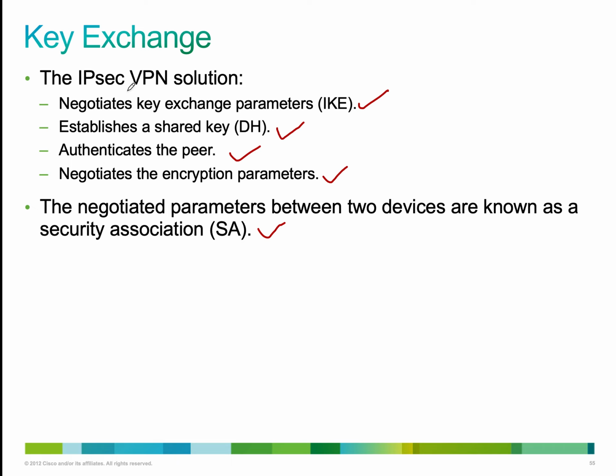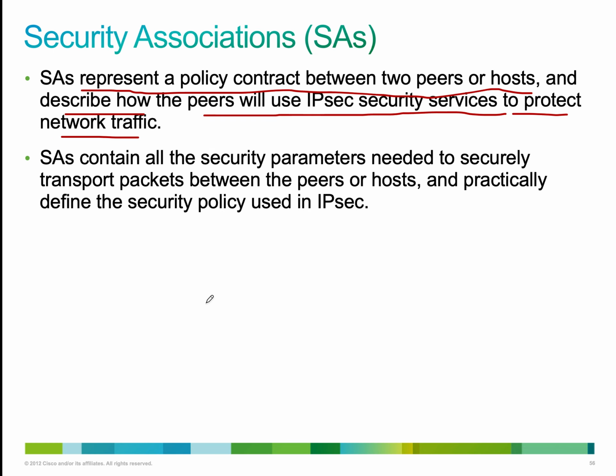The IPsec VPN solution will help to negotiate the key parameters, establish a shared key by Diffie-Hellman, authenticate their peers by using a hash function, and negotiate the encryption parameters. The negotiated parameters between two devices are what is called the security association.